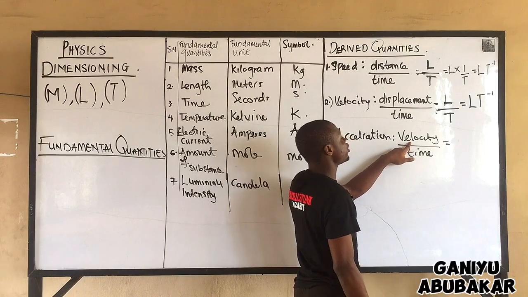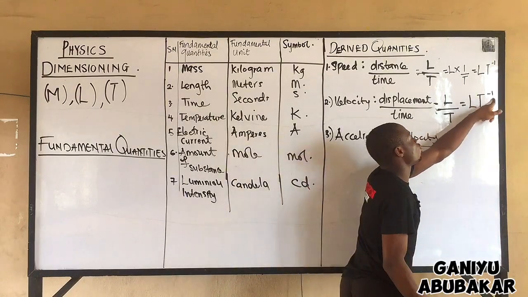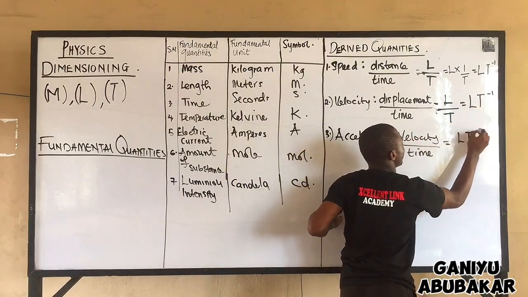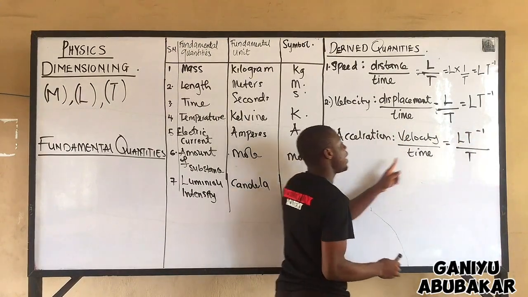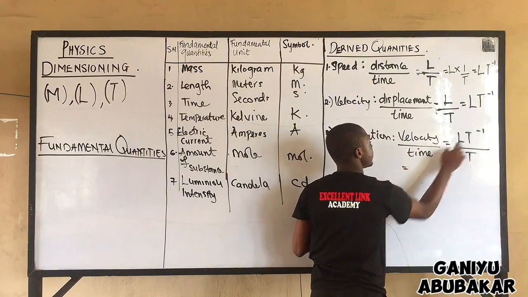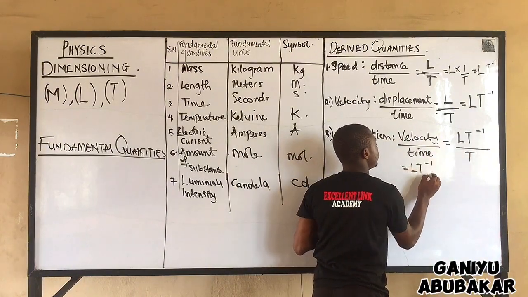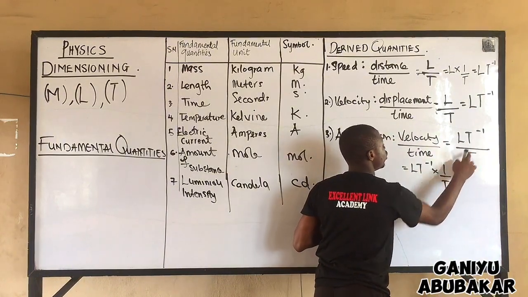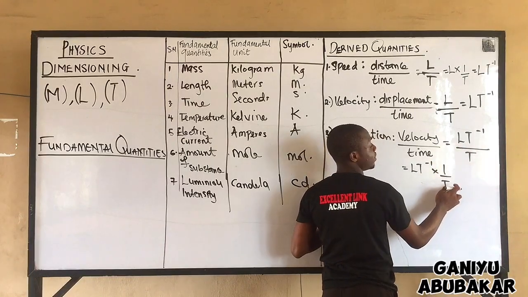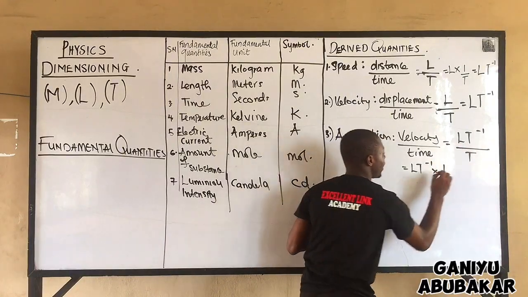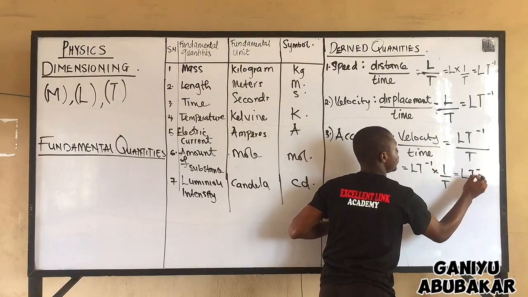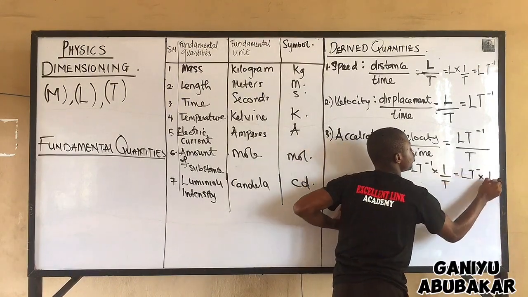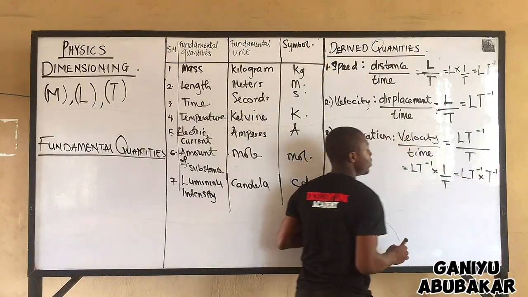Of course, velocity is L times T to the power minus 1. That's L T to the power minus 1 all over time, which is T. Now, we express this one: I have L T to the power minus 1 times 1 over T. Shift out this T, 1 over T. Of course, from here, I'll have L, next up, T to the power minus 1 times 1 over T, which becomes T to the power minus 1, right?